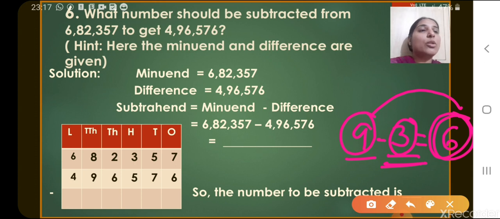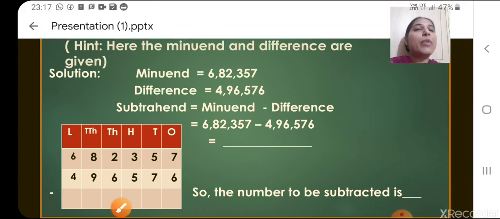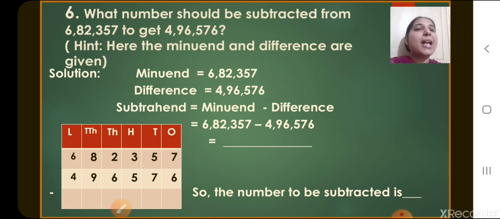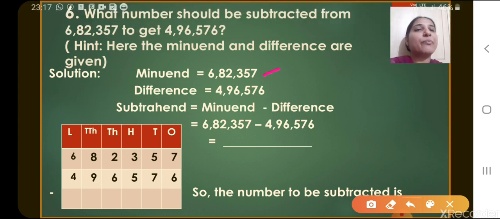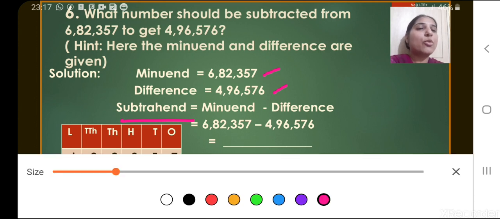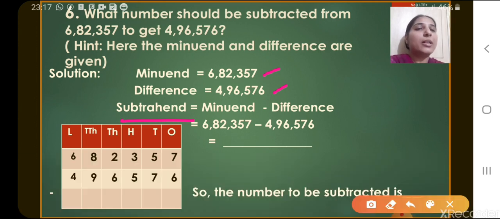So in this question also, the minuend is being given, which is 6,82,357, and the difference is being given as 4,96,576. So to get the subtrahend, we will subtract the difference from the minuend. In this case also we will subtract to get the subtrahend.